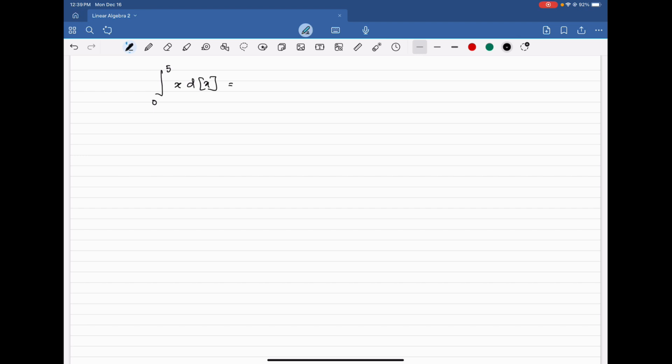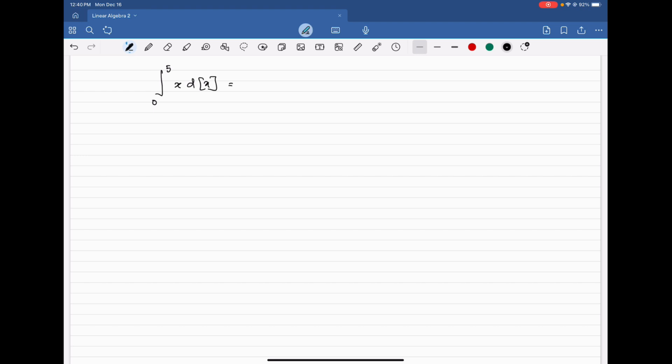My nomenclature may not be textbook nomenclature, but I simplify things so that you can better understand the concepts. Now, what is the value of 0 to 5 x d box x?